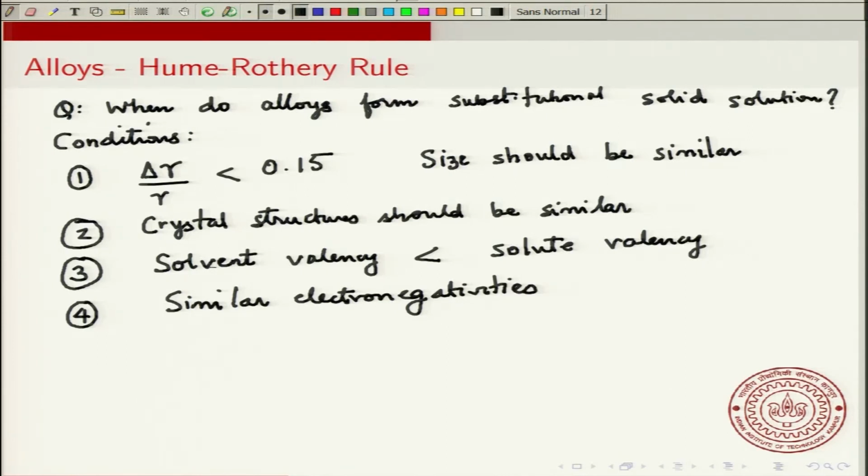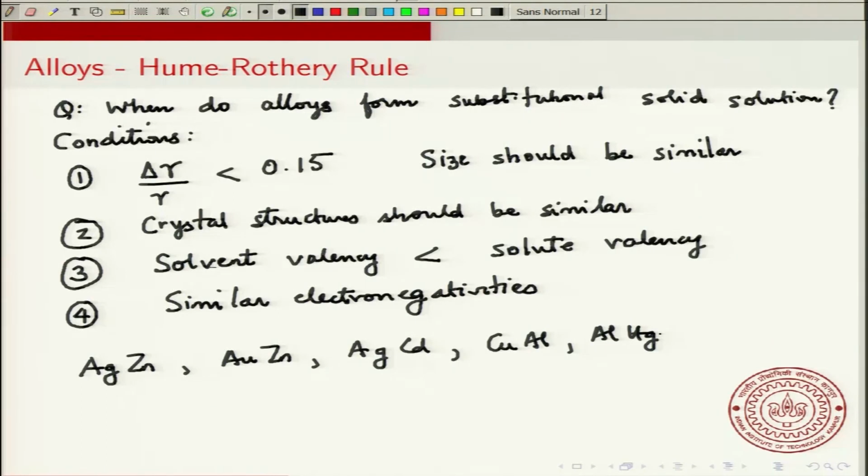Okay, so systems that satisfy these usually form good solid solutions, and there are several examples of good solid solutions. So you can have silver zinc, you can have gold zinc, silver cadmium, copper aluminum, aluminum mercury.